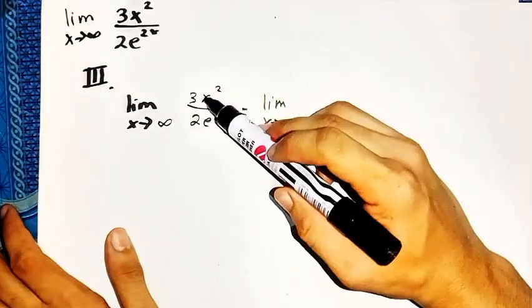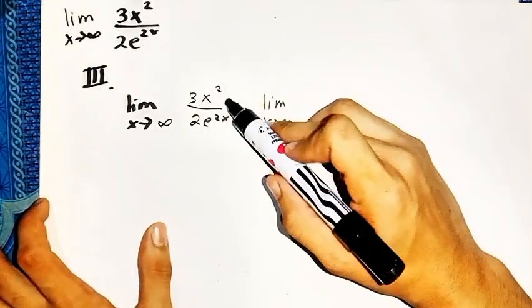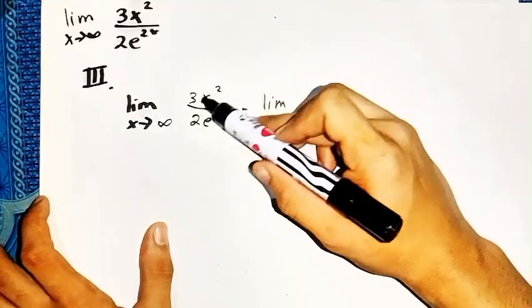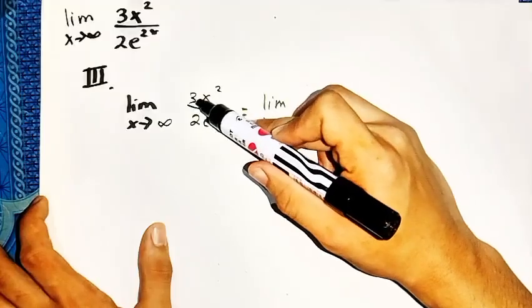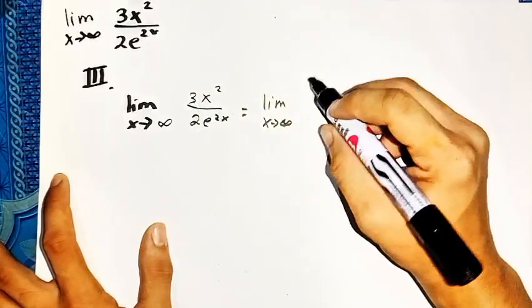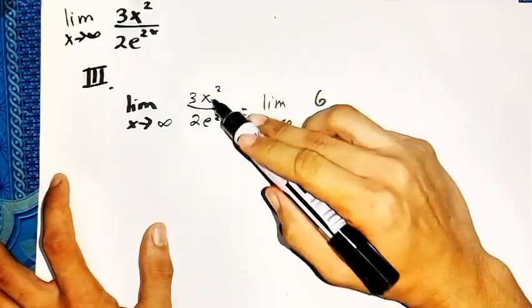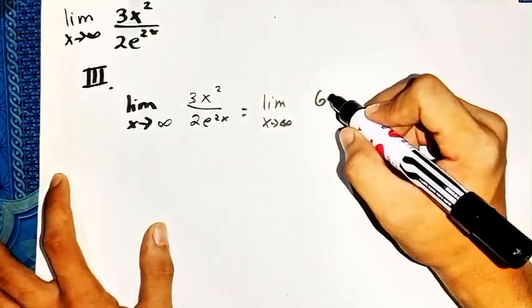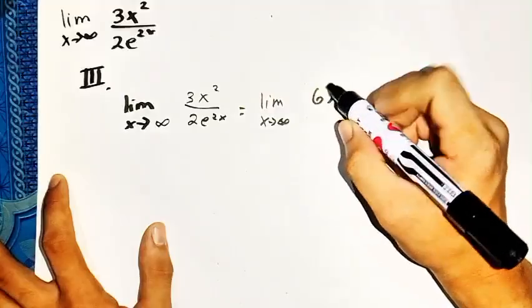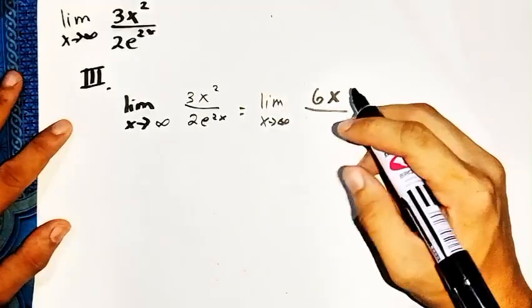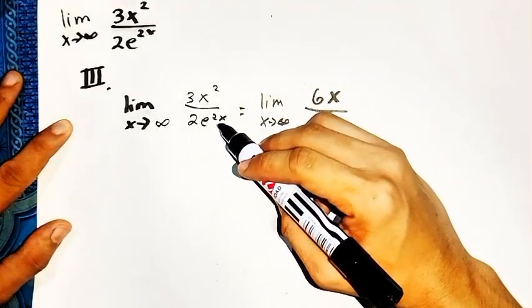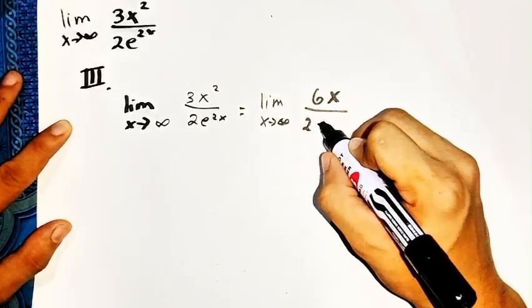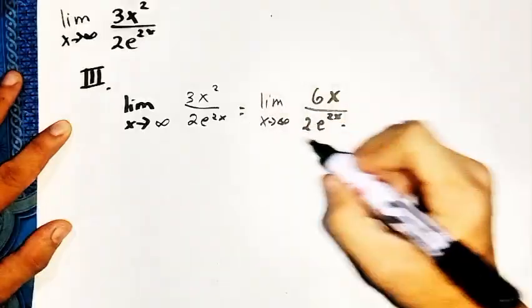What is the derivative of 3x squared? Using the power rule, the exponent times the coefficient, which is 3, we have 6, and 2 minus 1, which is 1. So now 6x over 2e to the 2x. For the derivative, using the chain rule, 2e to the 2x times 2.